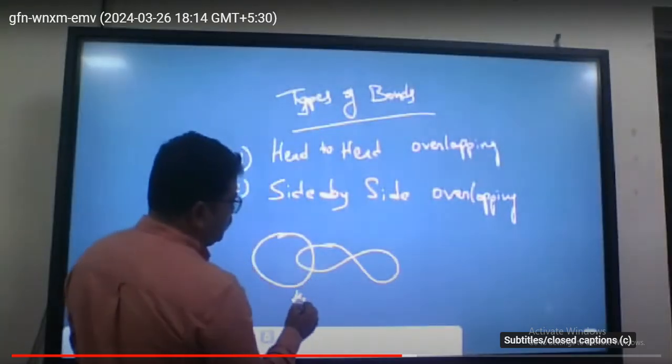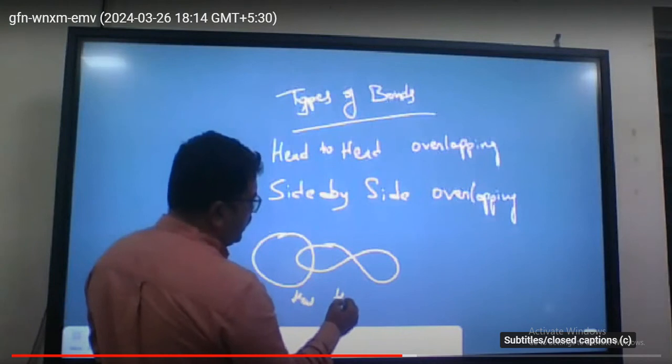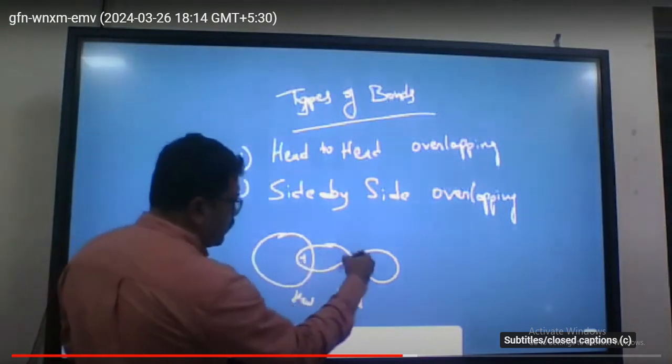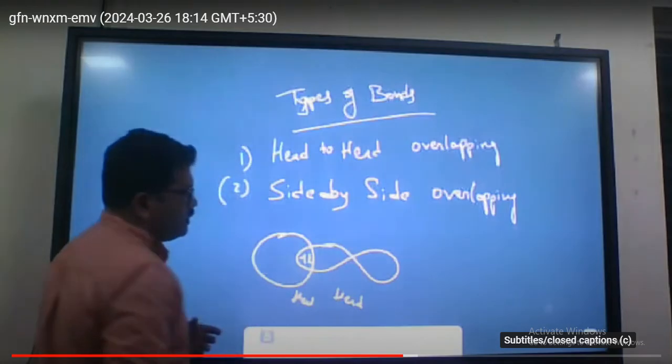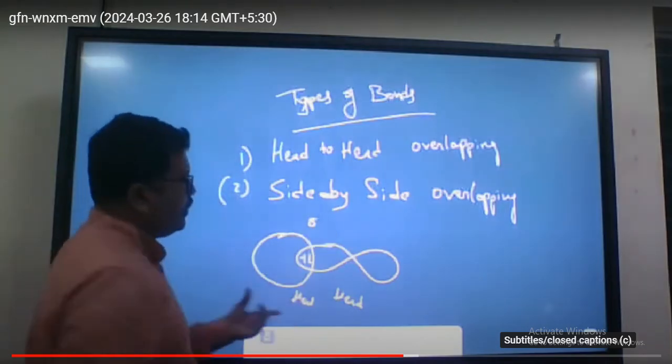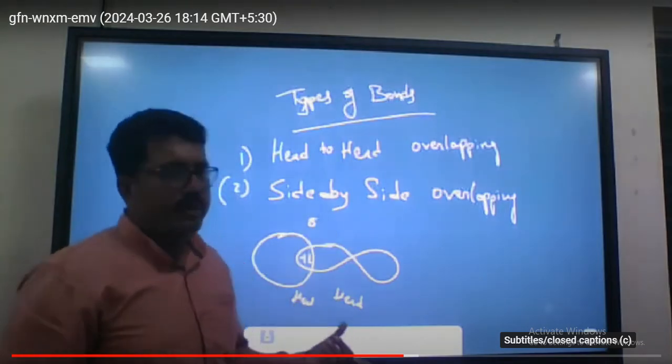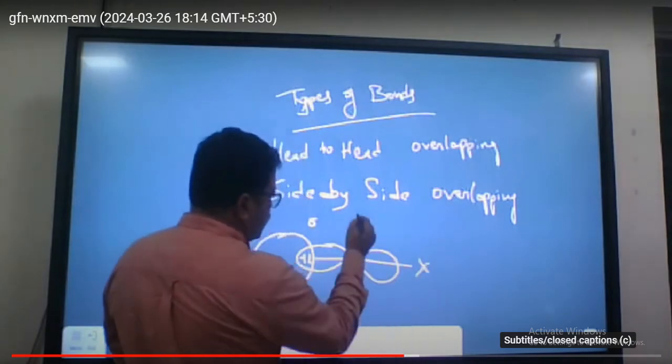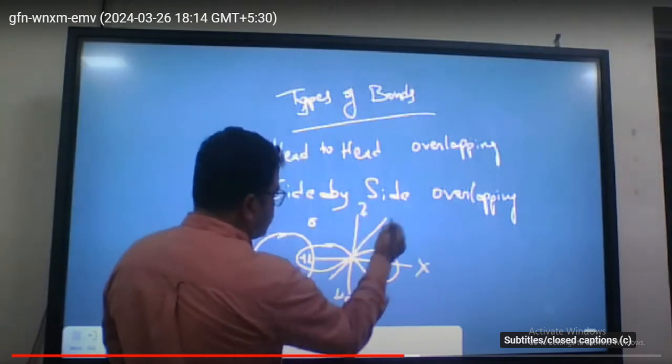This is the head, the p orbital head. So one electron from the s orbital and one electron from the p orbital form what is called a sigma bond. Head to head overlap we call a sigma bond. You can take this as the x axis or y axis. This is z, this is y.